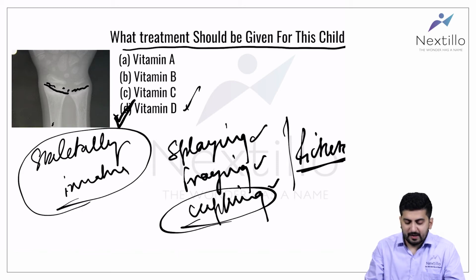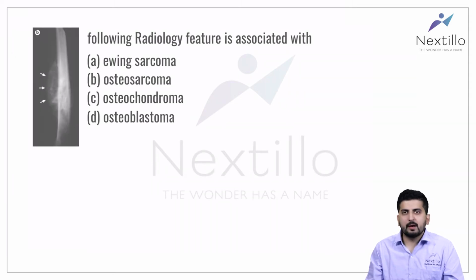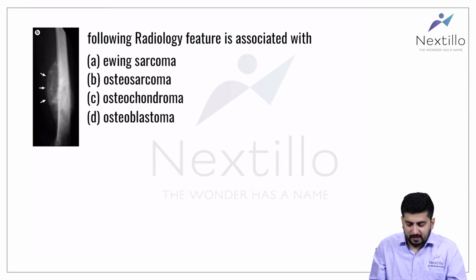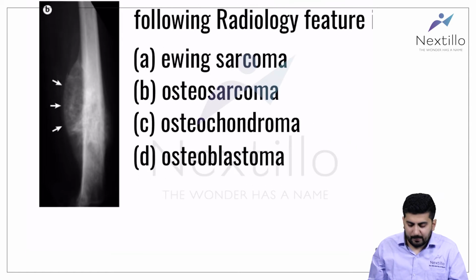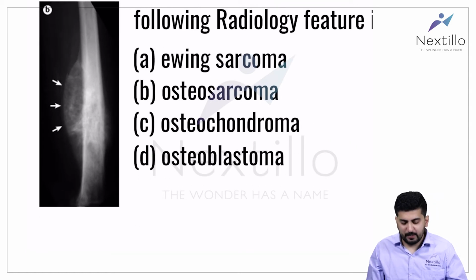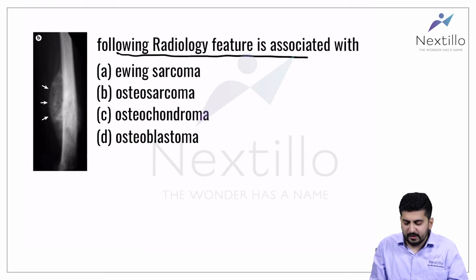So this is an X-ray image of rickets, and the best treatment modality is giving vitamin D. Coming on to the next question, here we have an image depicting a periosteal reaction which has been marked, and the question asks the following radiological feature is associated with.